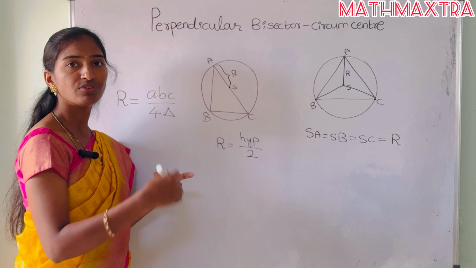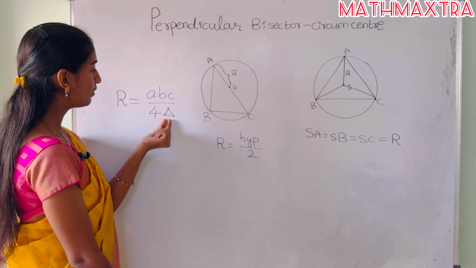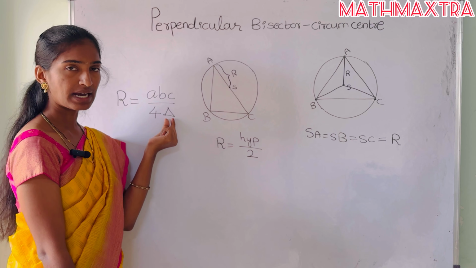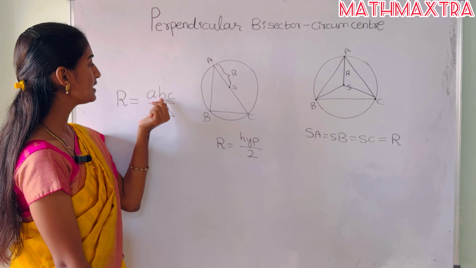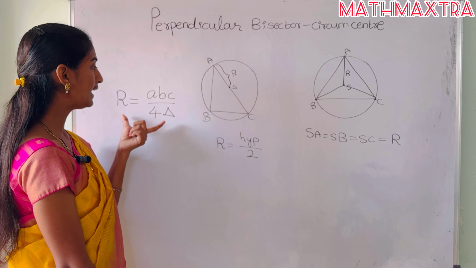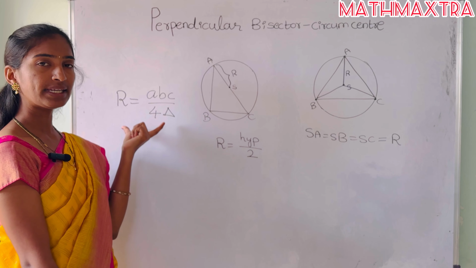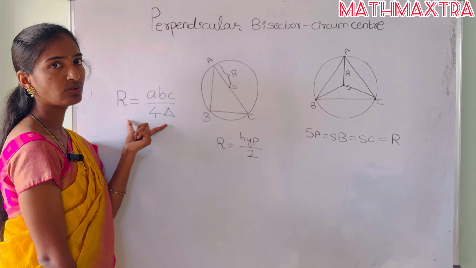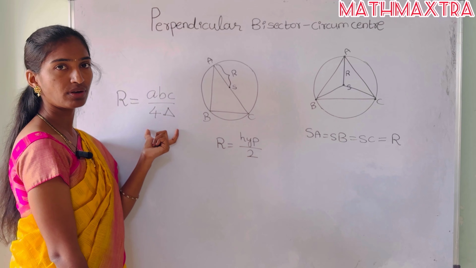Sometimes you may consider one type of triangle, sometimes another, so the area may be different for different triangles. For that, the area is represented by delta, and small a, small b, small c are the sides of the triangle. So for any type of triangle, capital R is equal to abc by 4 delta.